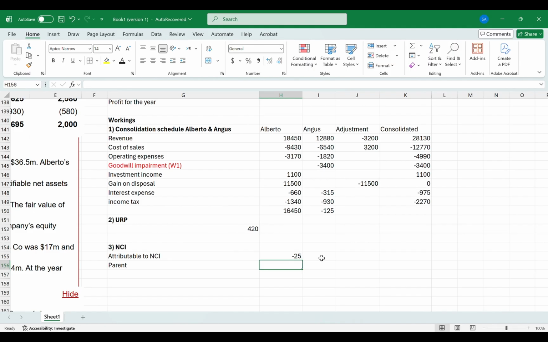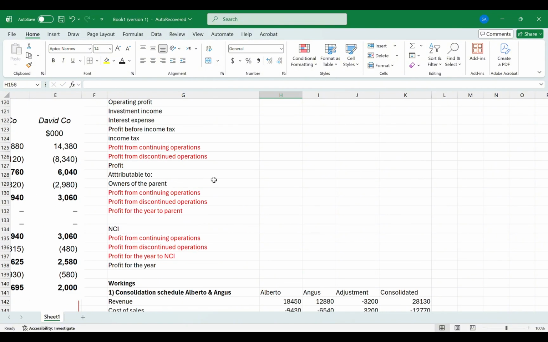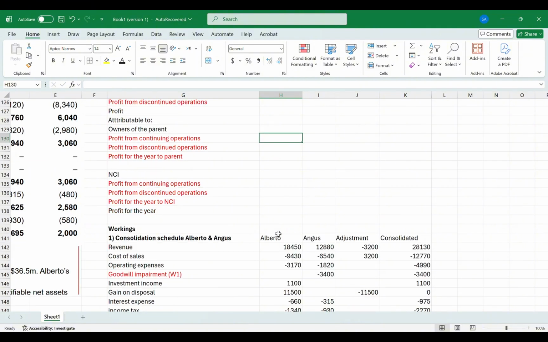If you want to get it, you have to get your profit, that is here. You have to reach here. Once you reach here only, you will be able to get the amount that goes to the parent. Without that, you will not be able to do it now. So just keep it here, and then we'll move on to working number 4.